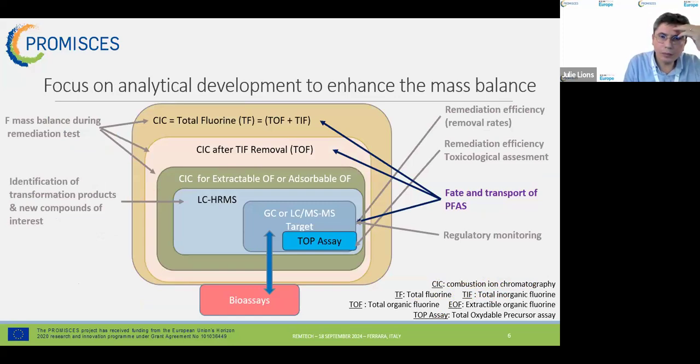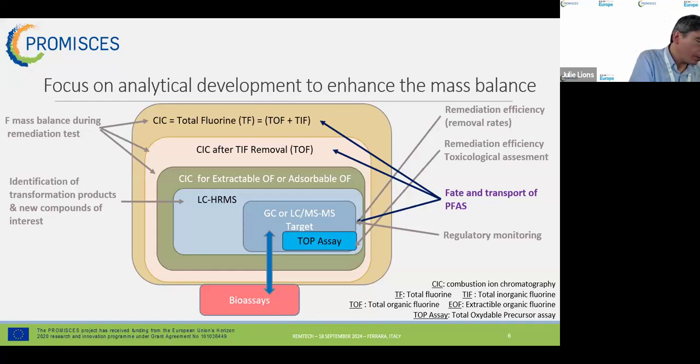After inorganic fluoride removal, we are able to quantify the total organic fluoride. If we have different preparation for the samples, on solid or on liquid, we are able to quantify the extractable organic fluoride and the adsorbable organic fluoride. So this is a sub-fraction of the organic fluoride. This is our global and semi-global methods.